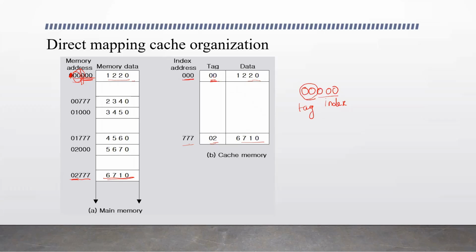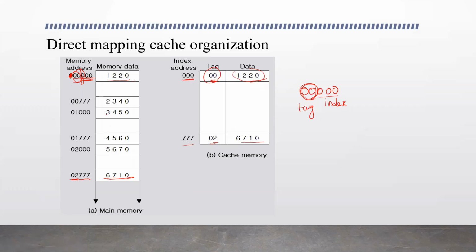If the tag matches, here 00, the corresponding data is retrieved. If it doesn't match, the CPU has to transfer data from main memory.